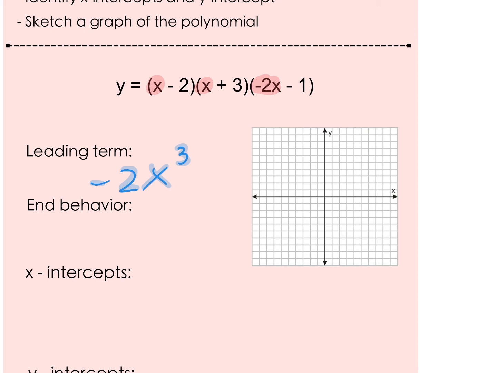Jordan, would you tell me the 2 easy ones? 2 and negative 3. X equals 2 for the first one, and x equals -3 for the second one. And Elijah, would you tell me how to find this third one? Some kind of equation happens. Yep. And then you just have to solve that. -2x equals 1, and then the final answer?